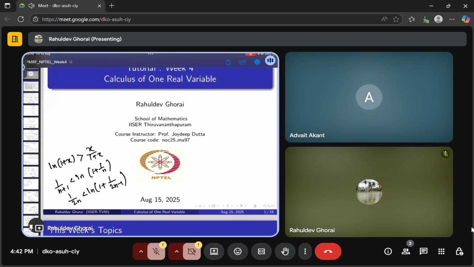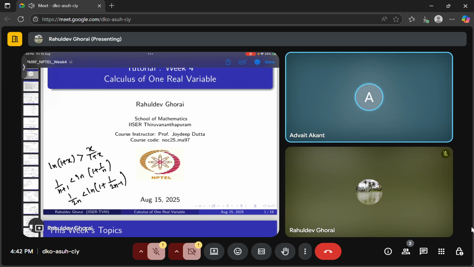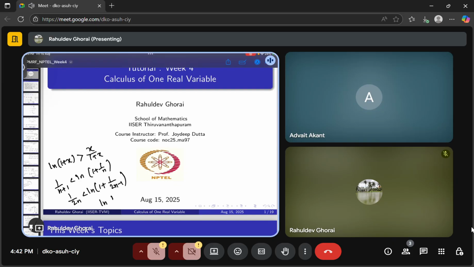Then what will happen? Then I think ln 2 will come. You will have n plus 1 by n times, you will have n plus 2 by n plus 1, right? 2n over, oh yeah, great.